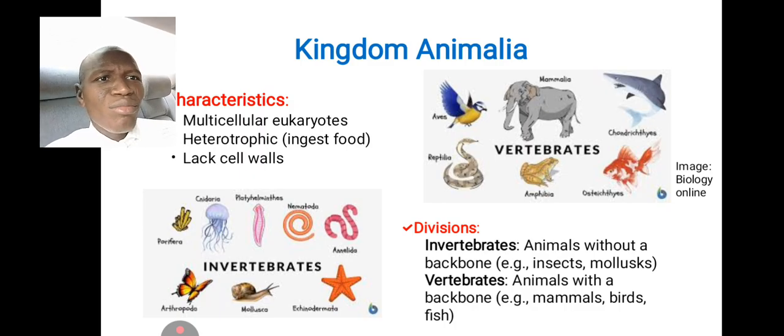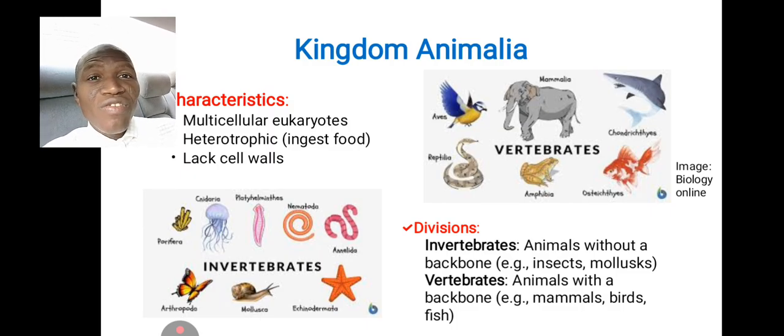Then under vertebrates, I hope you know what vertebrates means. Animals with backbone, like snake, elephant, human beings, goats, they all have backbone. Does earthworm have backbone? No. So it falls under invertebrates. Does snail have backbone?